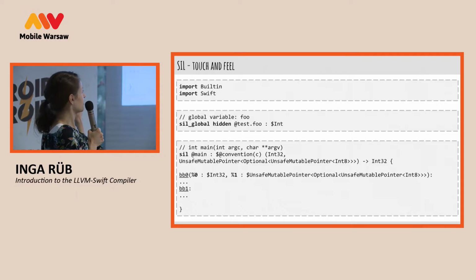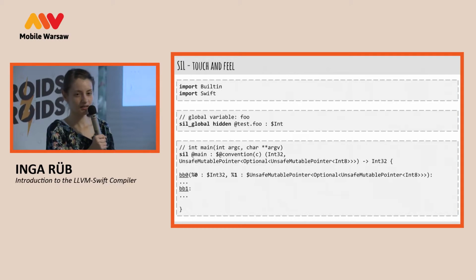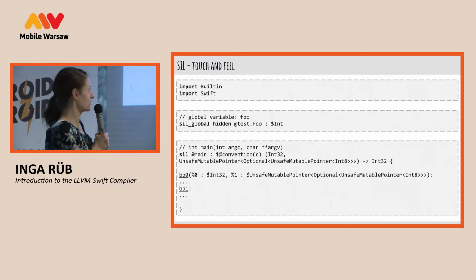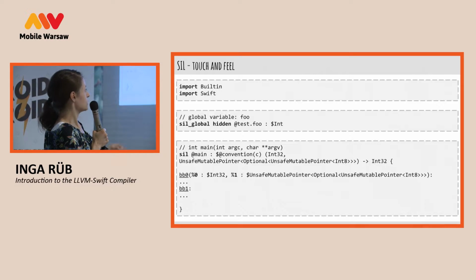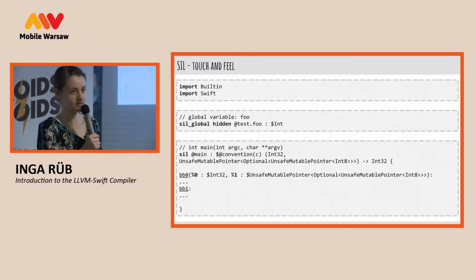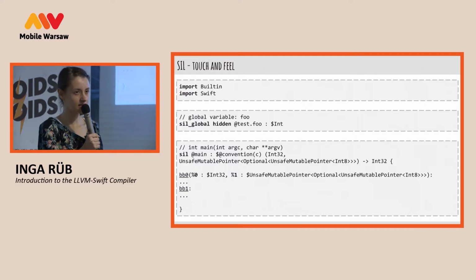So here we have a global variable. It is annotated as a sil_global. It has visibility hidden. It means that it's only visible within the module. It is not public or private. And then we can see the name of the global variable. It is just foo. And the type of the variable is Int. This type comes from the Swift library. It is still a high-level type.